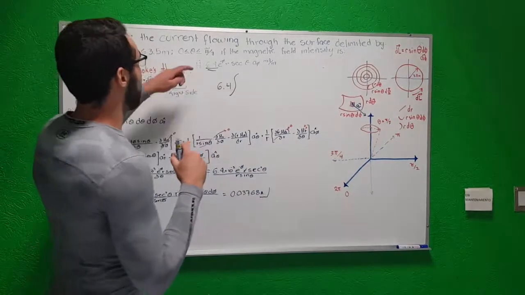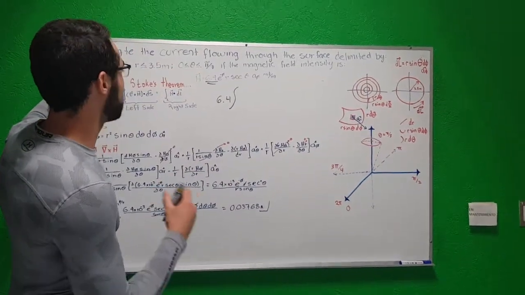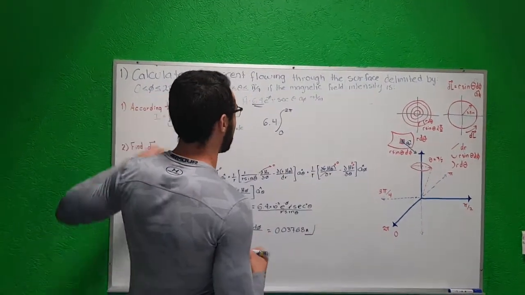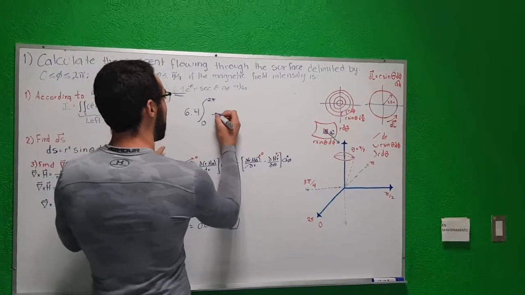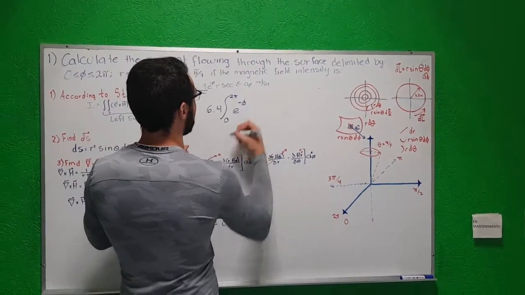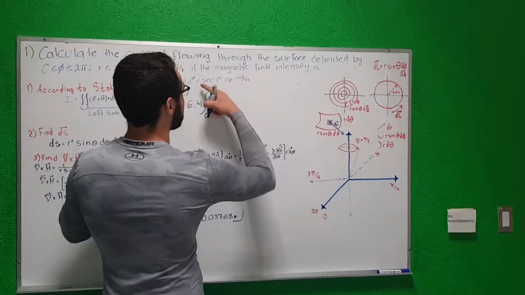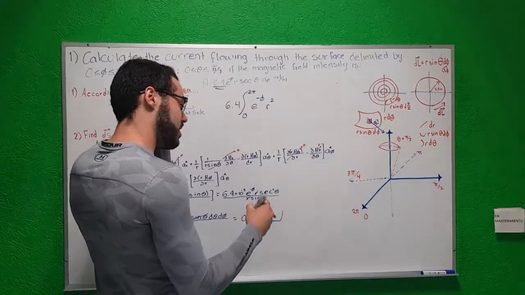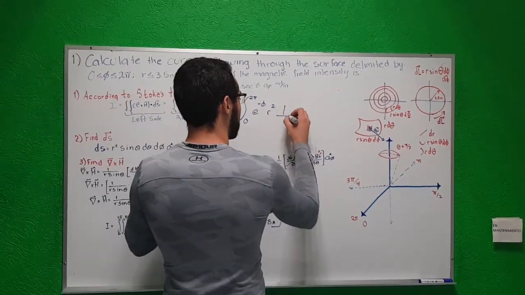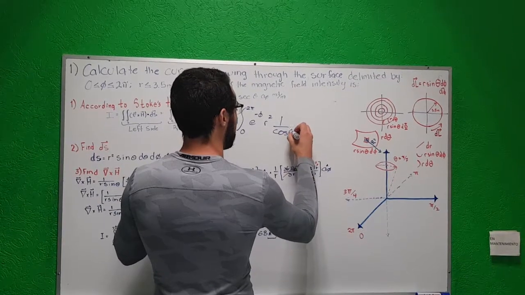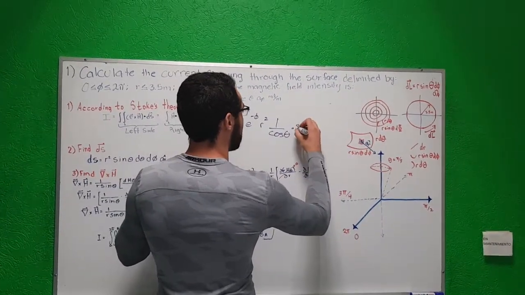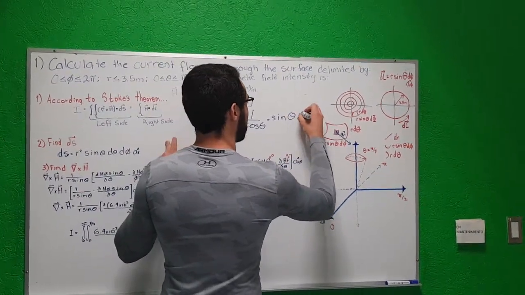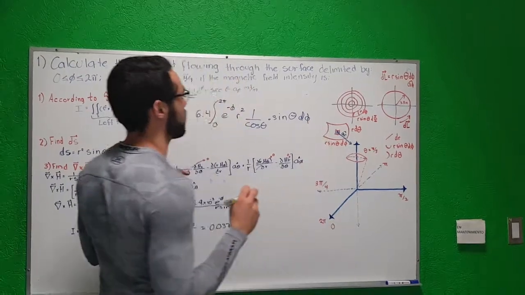So I'm gonna use this part from 0 to 2 pi. Yeah, exactly. The limits of phi. And now a minus phi r times r squared. Secant is the same as 1 over cosine of theta, multiplying by sine is equal to tangent of the theta.